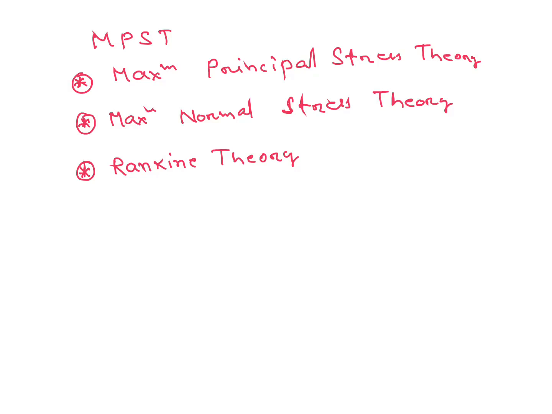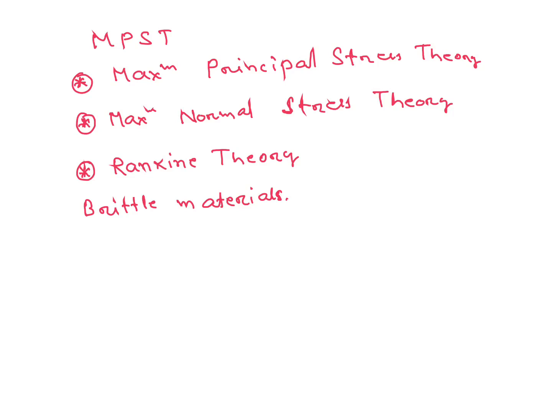Applicable to brittle materials. Asked 2 times in the ISRO examination. Maximum principal stress theory or maximum normal stress theory is applicable to, options A, B, C, D like that they will give. You have to choose the option. Answer is brittle materials.